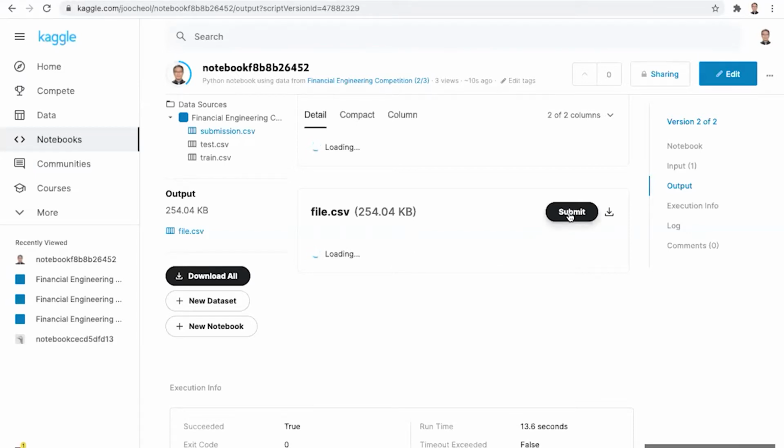And then press the submit button, then the file.csv will be submitted. So if this is not what you want, then ask me again.